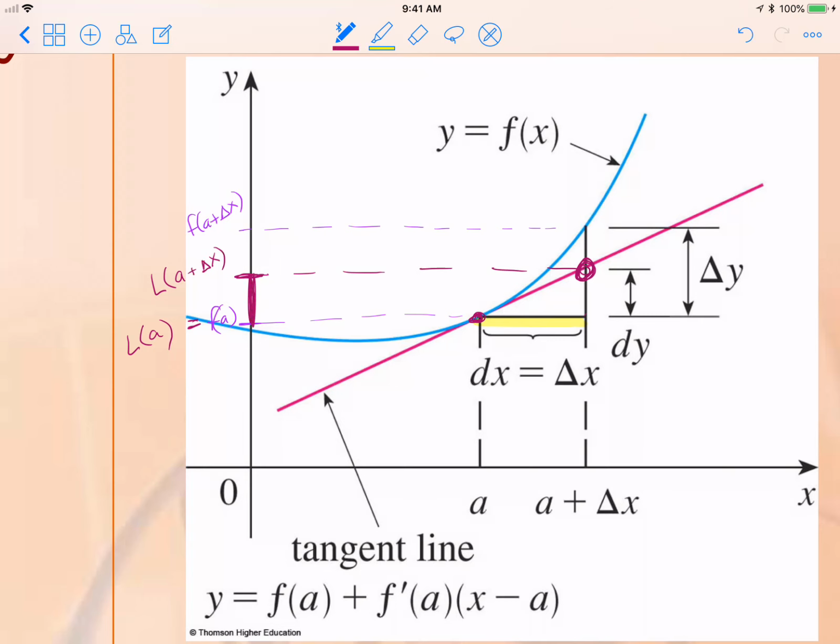And so this distance here is your dy, your differential.